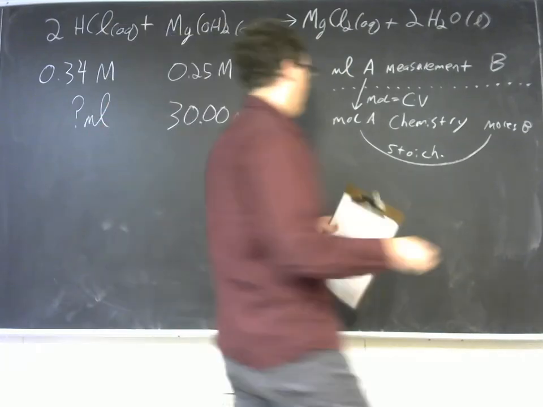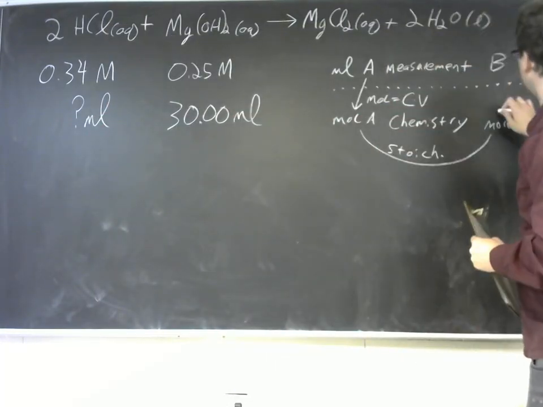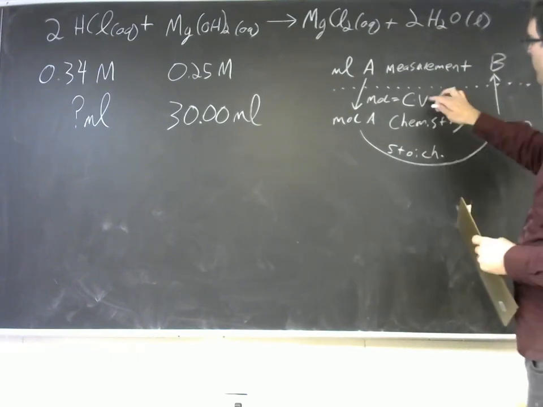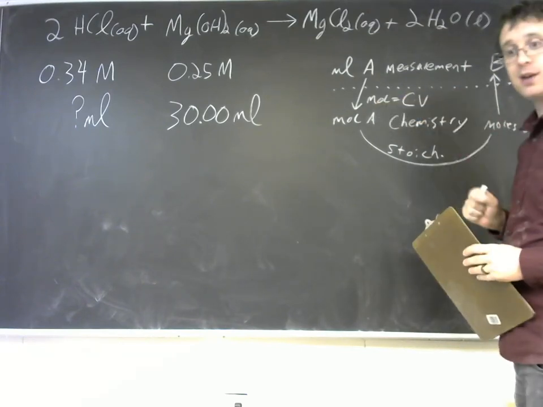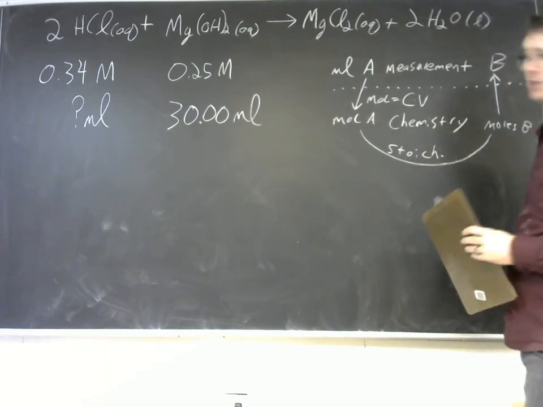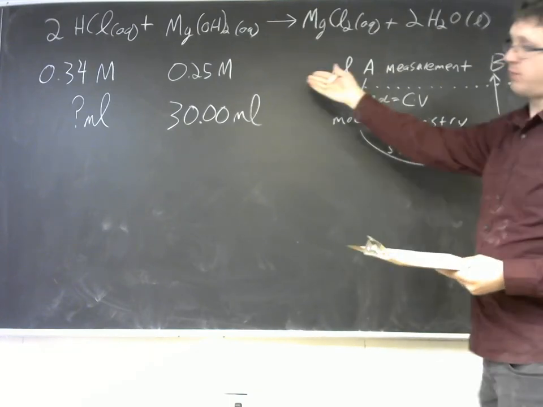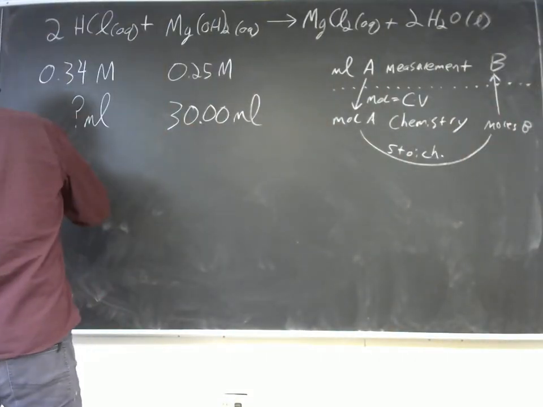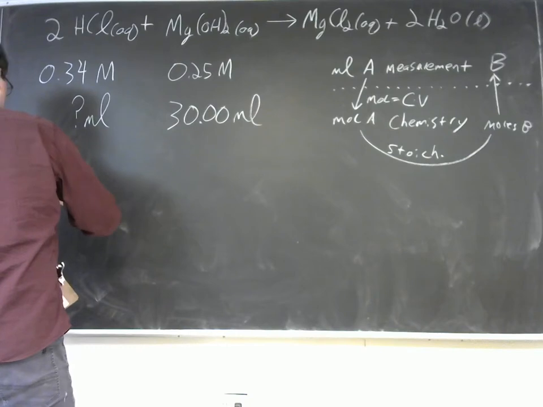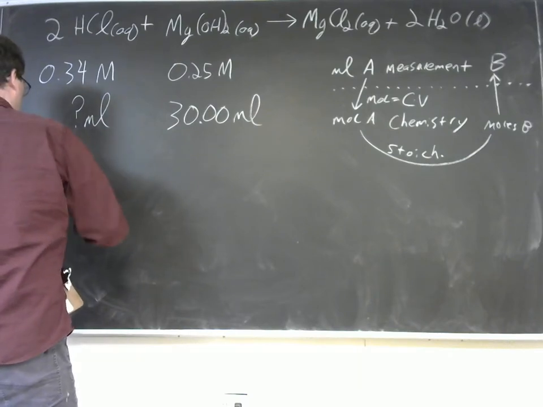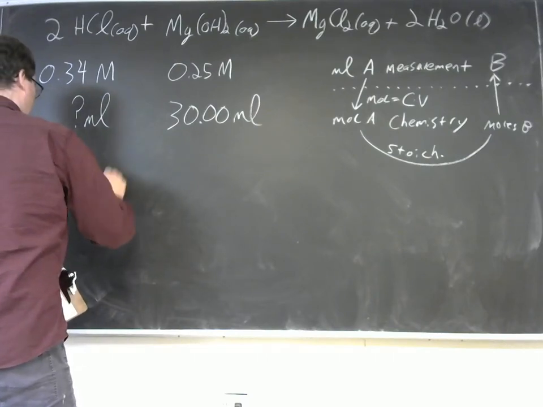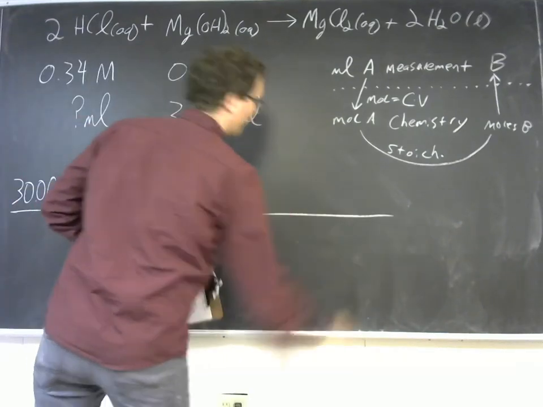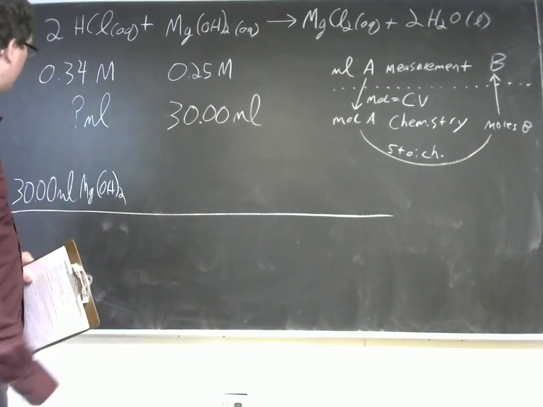Okay, and then we can get from moles of B to milliliters of B with that same formula. The volume would equal the moles divided by the concentration. So let's put it into practice with this problem here. If I start with my 30.00 milliliters of the magnesium hydroxide, we can frame this as one big long dimensional analysis problem.